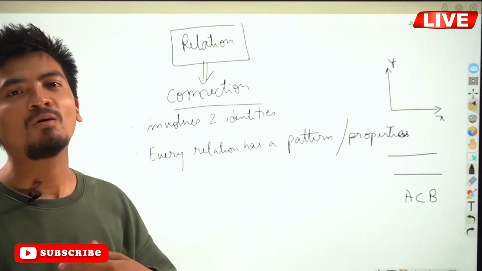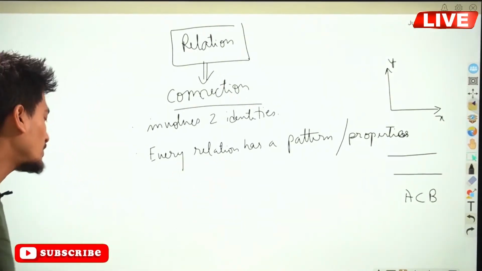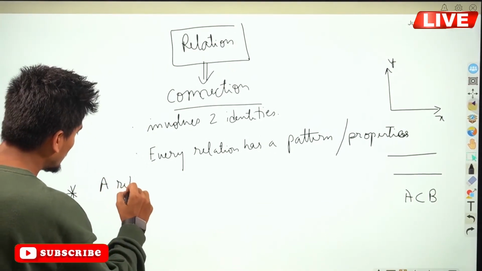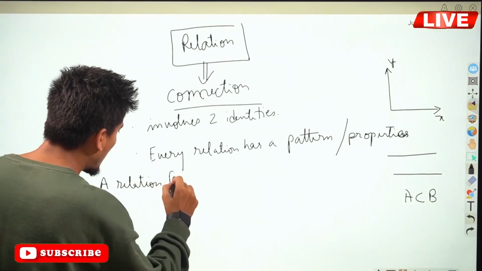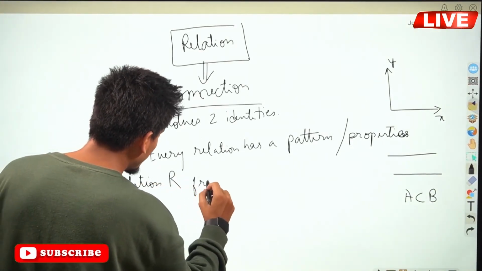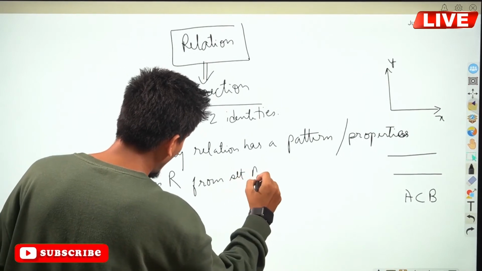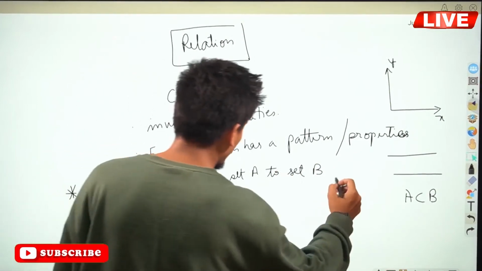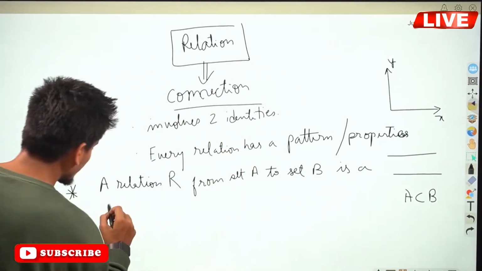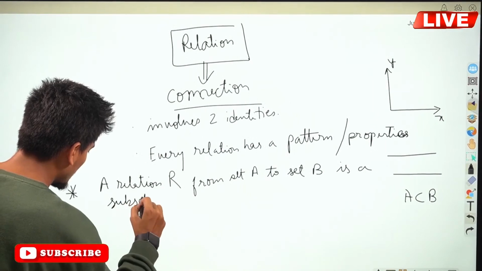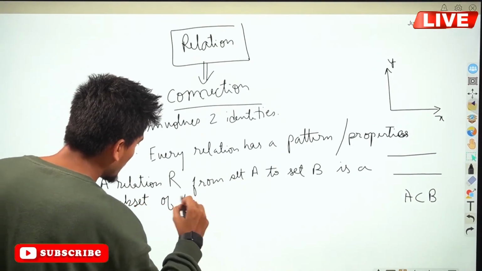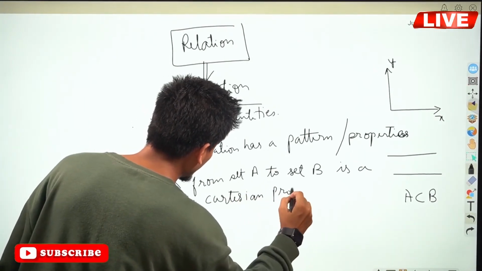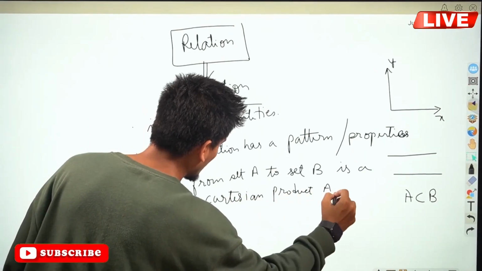Okay, now how will we define relation? A relation R from set A to set B is a subset of the Cartesian product A cross B, right?